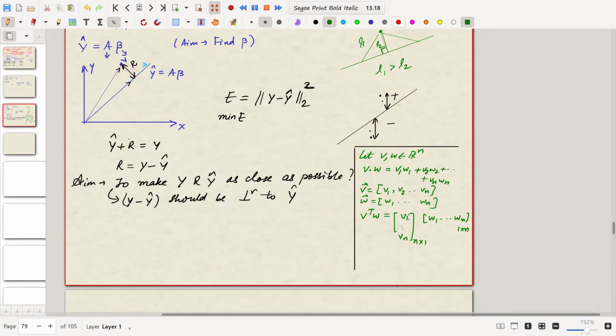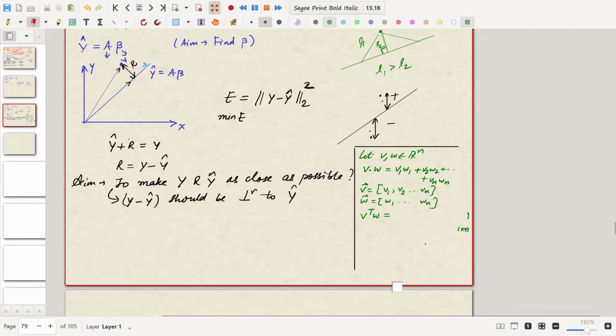Actually, you can write this dot product as V transpose W. But then why are we not getting it? I think today we are playing with matrices. How about this one? Suppose V was a column vector and W was a row vector.